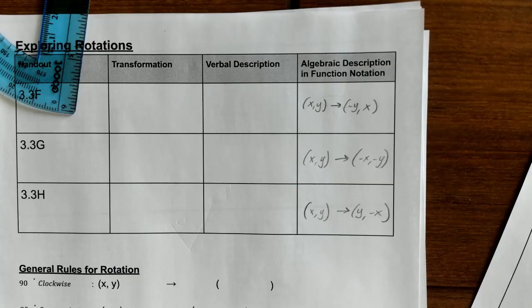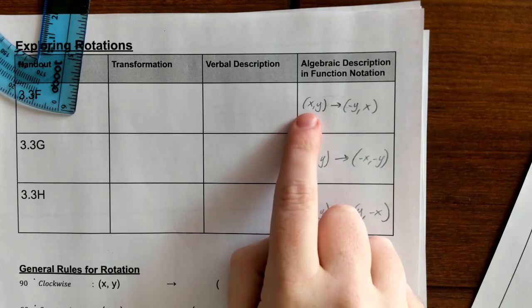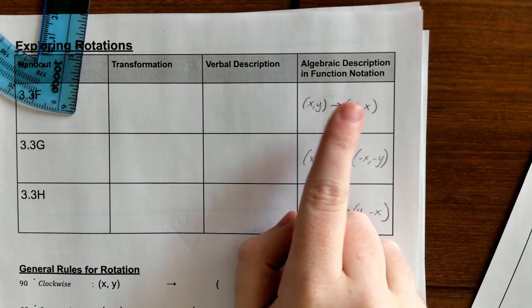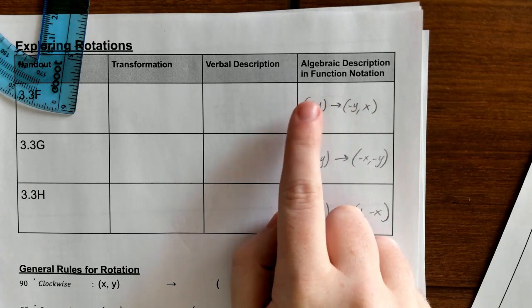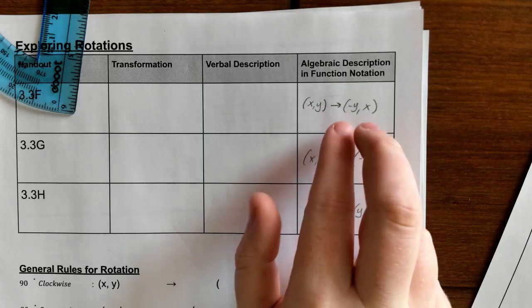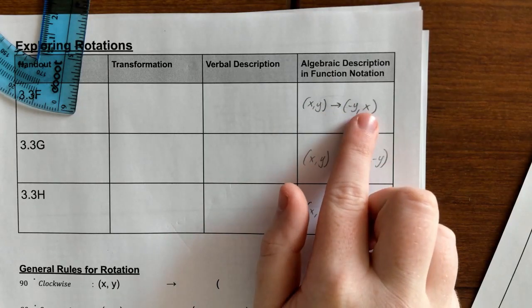Hopefully by this point you've had a chance to try out the rotations exploration. Here are the rules. Each time you rotate 90 degrees, what really happens is that you're just swapping the x and y and throwing a negative down on the first coordinate. So when you rotate just 90 degrees, you get negative y, positive x.